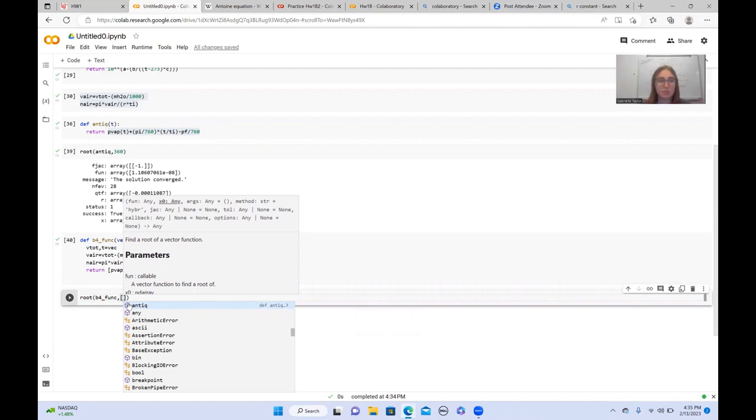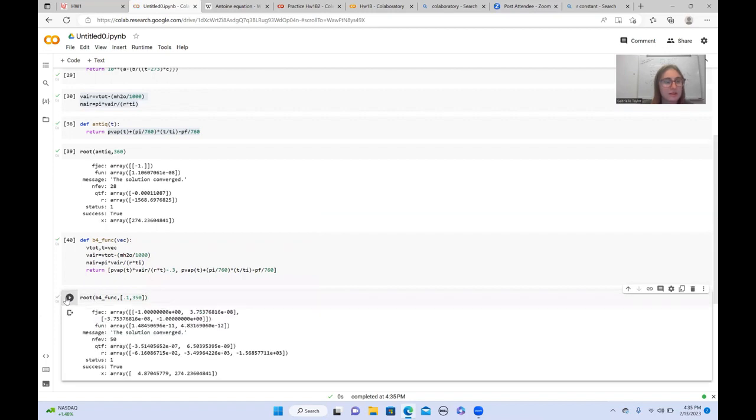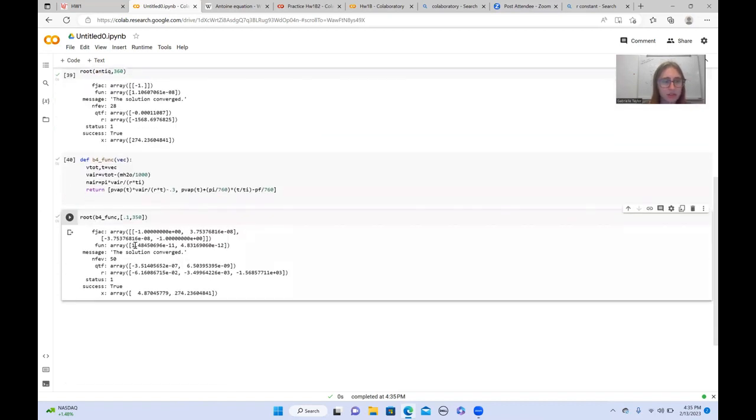Since I did temperature last, and I did pressure and volume first, I'm going to do 0.1 because that was our pressure. That was our volume last time. And now I'm going to do 250, 350 again. And we get our answer. So this is what it's around. Our solution converged. So here it is for our volume and then our temperature.